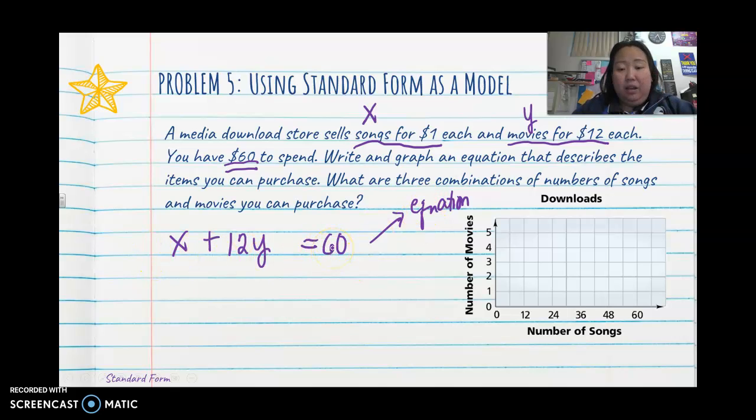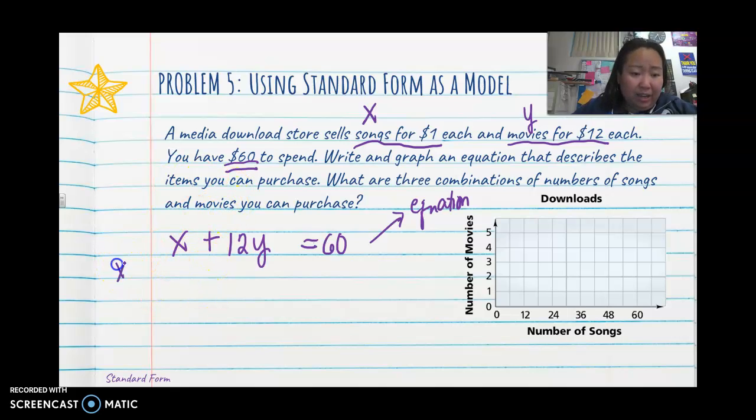What could be different combinations of numbers and songs that we can purchase? Okay, so in this case, let's check, can we solve using our intercepts? By the looks of it, 60 could be divided by 1. 60 could also be divided by 12, all right? So that's already 2 combinations that we can do, okay?